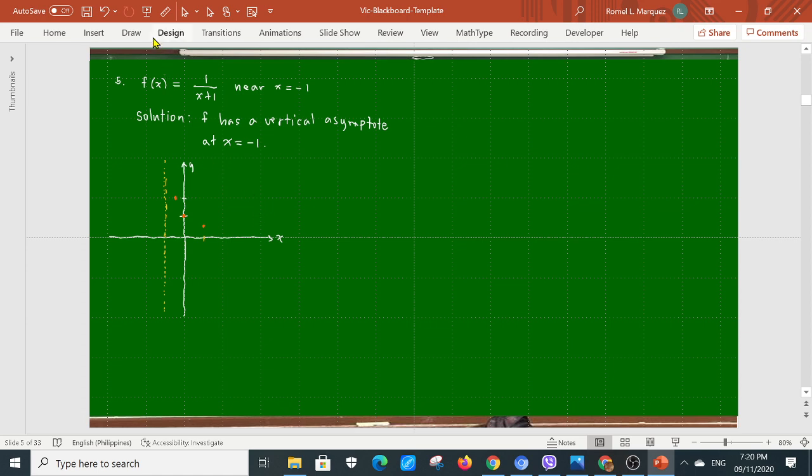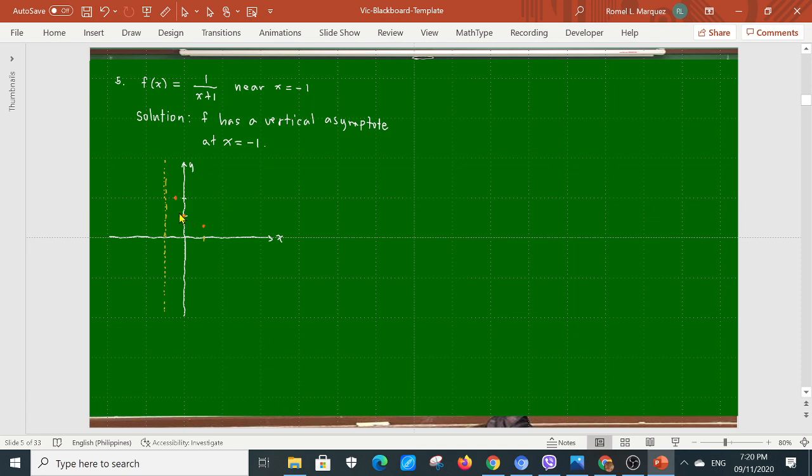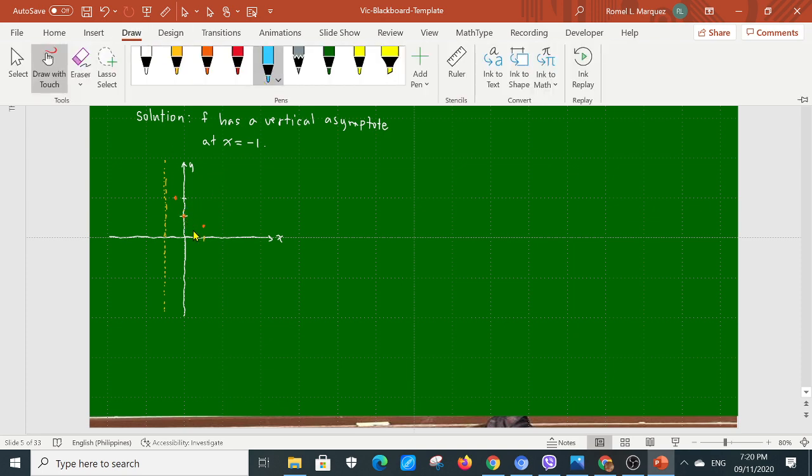It is asymptotic to the x-axis because the numerator is constant over a varying number, it cannot be 0. When you have a nonzero constant in the numerator, whatever value you put in the denominator, you will never get 0 value for y. So it is asymptotic to the x-axis.